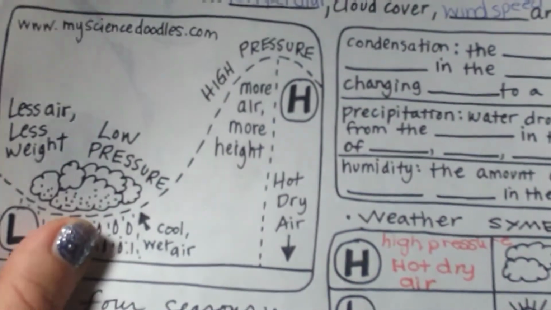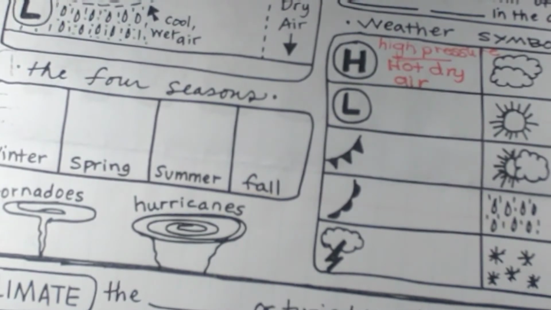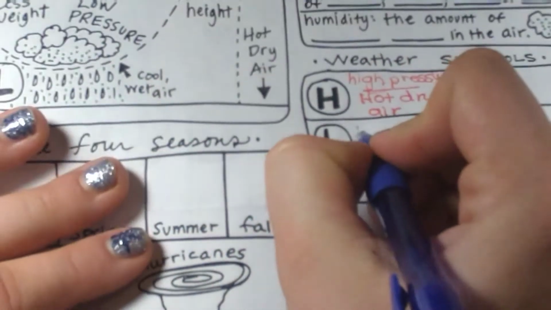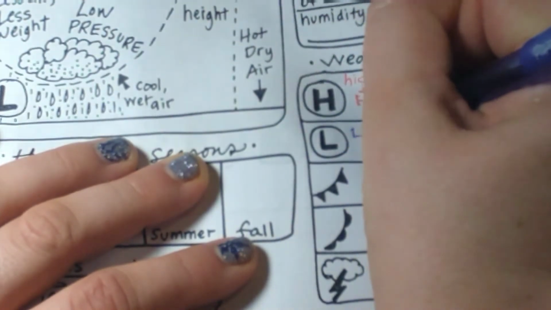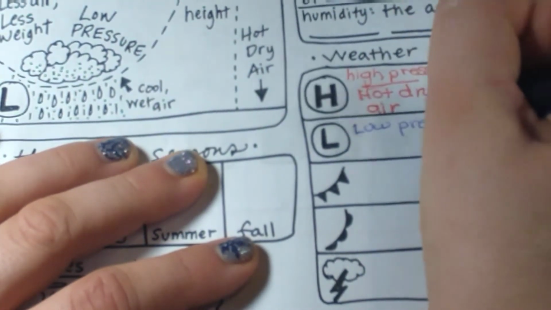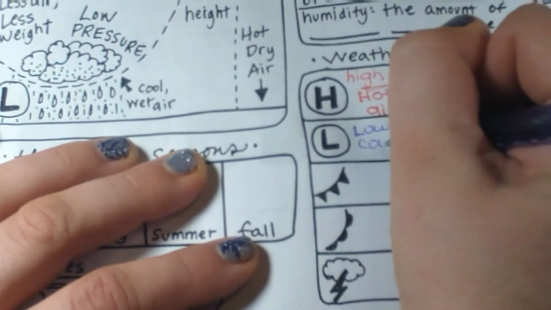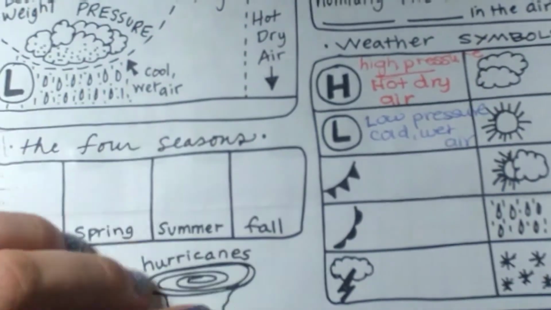Dry meaning no storms. And a low pressure system is the L, and it means cold, wet air. Okay.